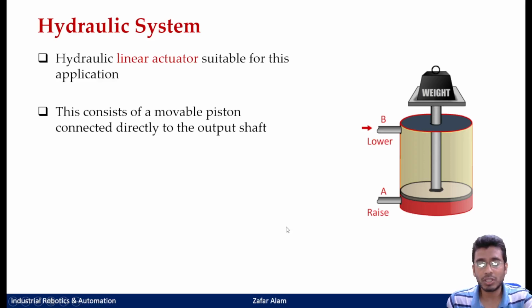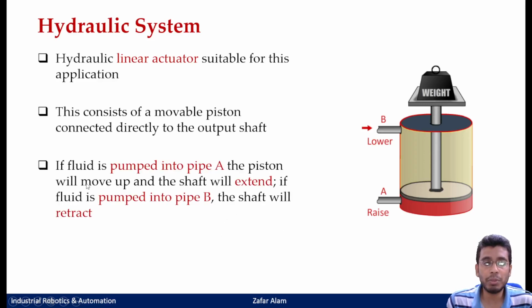So what is going to happen is that whenever you pump the fluid through pipe A, this would rise up to that limit, and then whenever you want to retract the cylinder, that is, if you want to bring this load down, you would pump the pressurized liquid through pipe B, and then your shaft will retract, bringing the load to its lower end position.